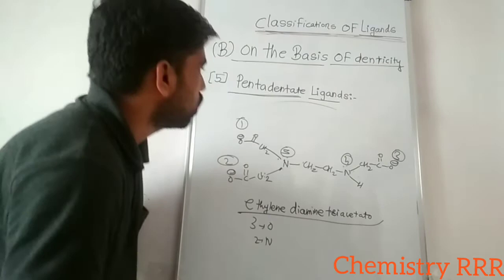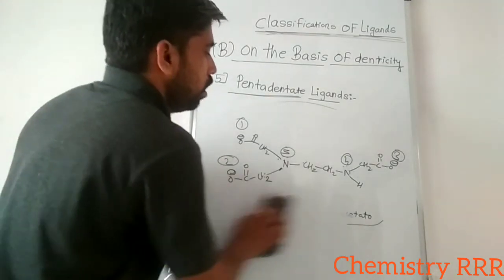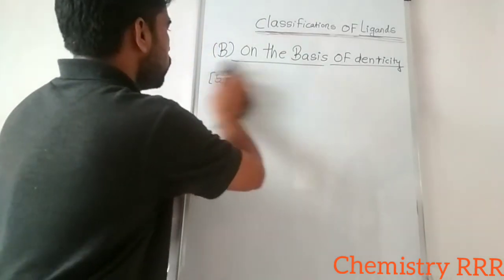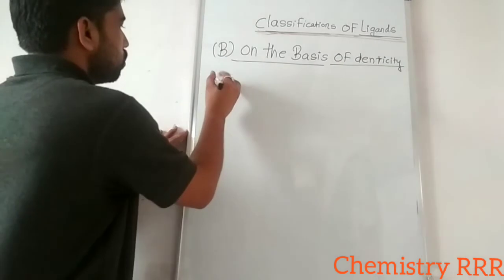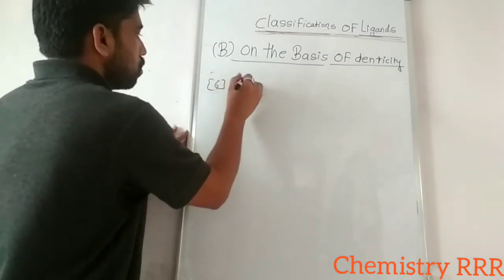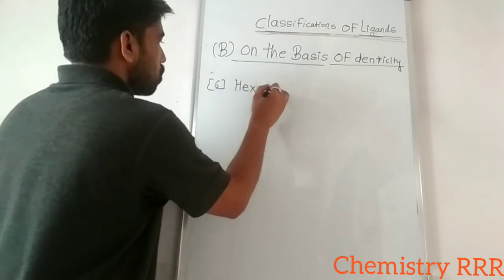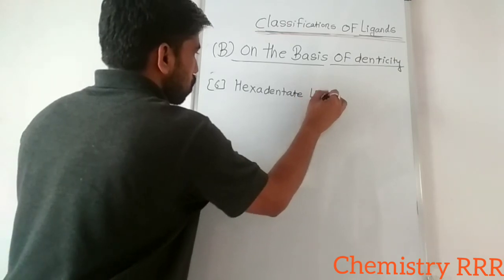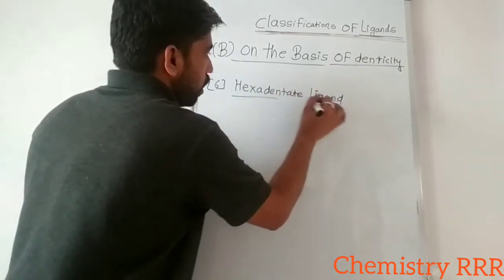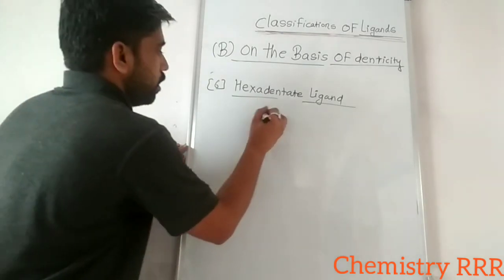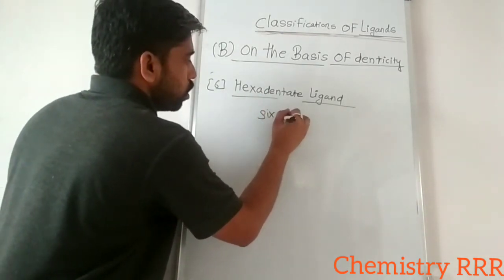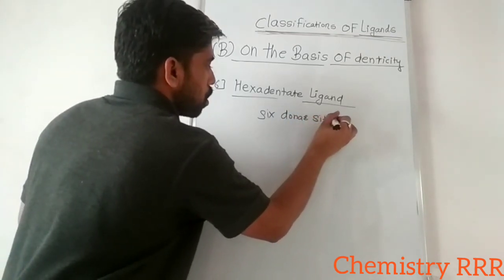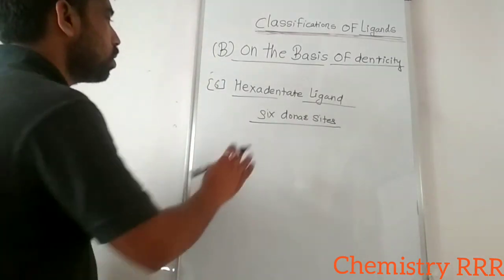Now let's see our last category, hexadentate ligand. A hexadentate ligand has 6 donor sites.